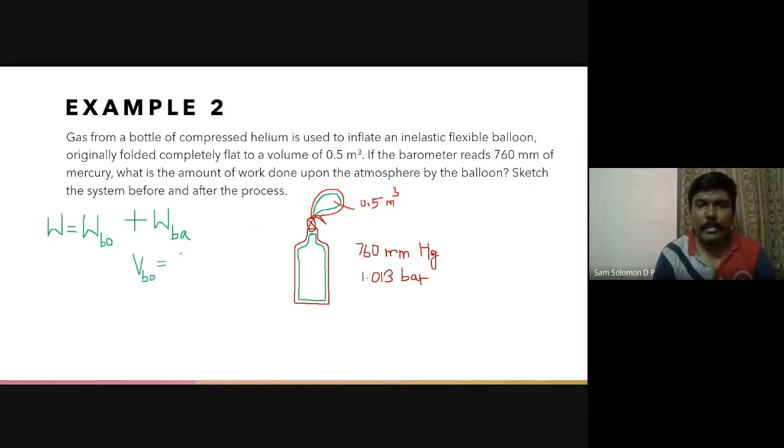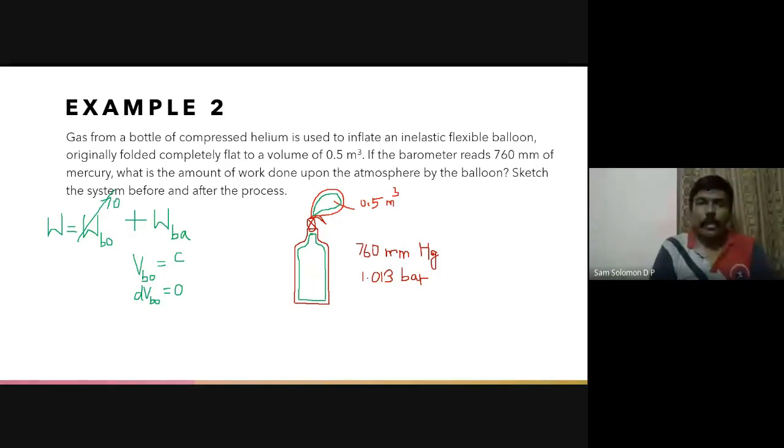They have not mentioned what volume it is, but we know that it is constant. So there will not be any change in the volume of the bottle, which means dV of bottle is 0, which means the integral of P dV will also become 0. So the work done either by the bottle or on the bottle is equal to 0.